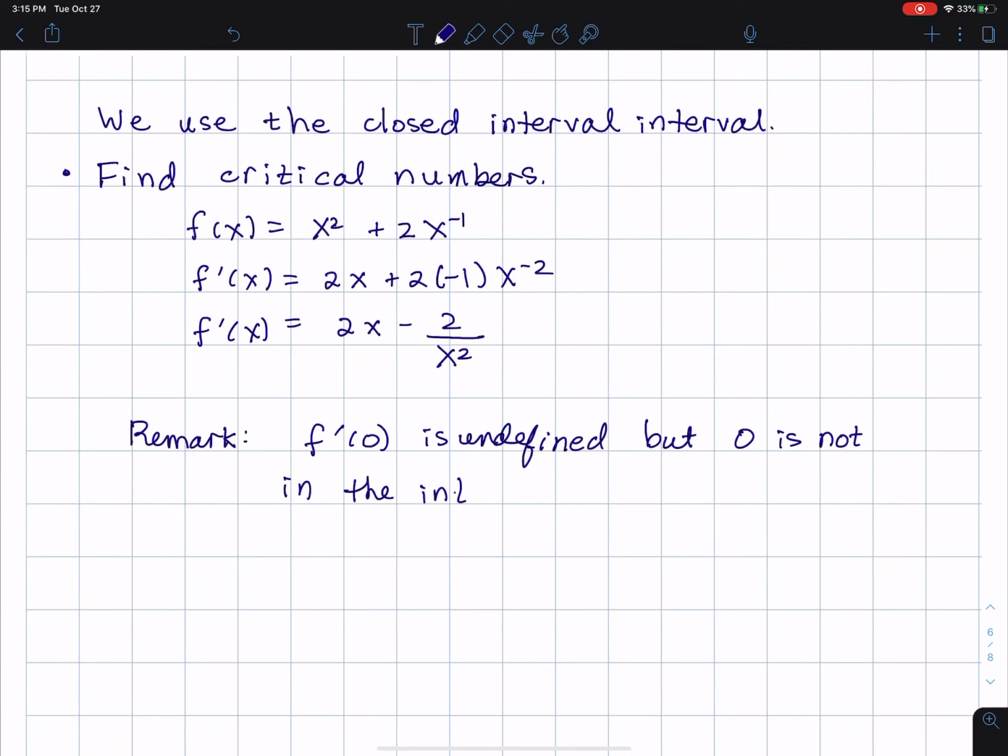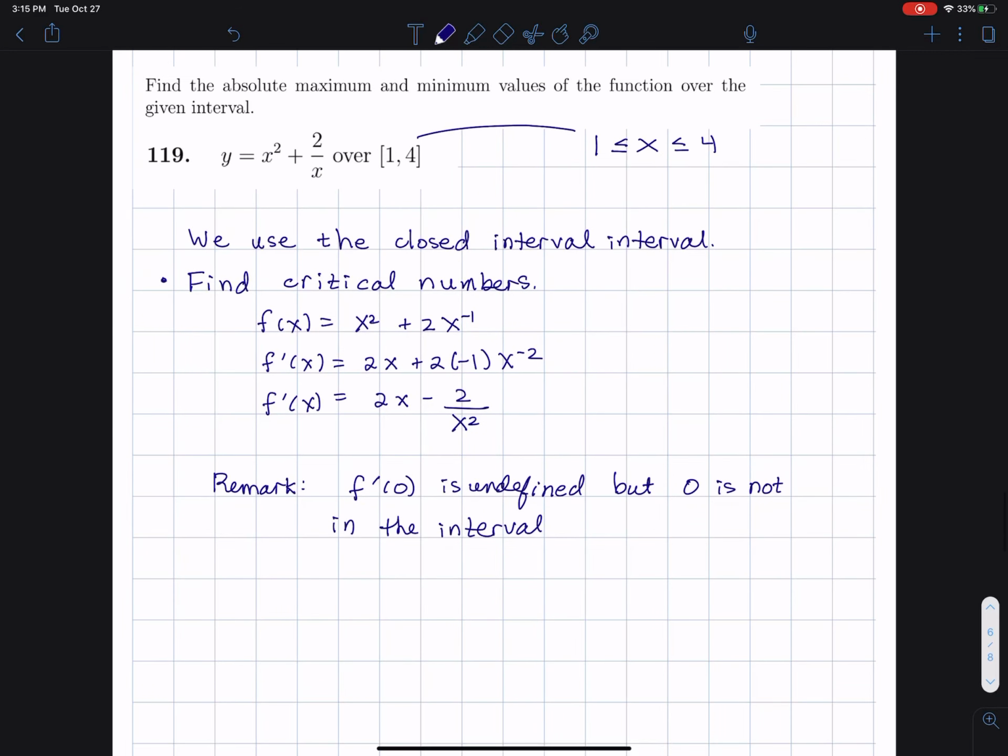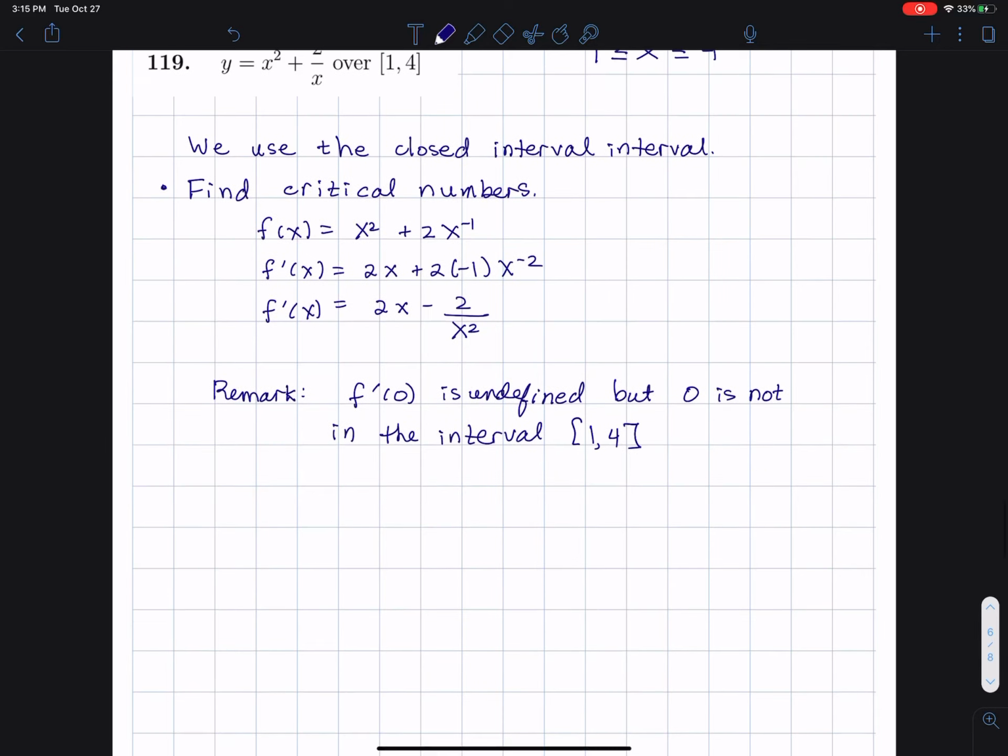It's not in the interval from 1 to 4. I mean, in fact, the domain of this function, regardless of the interval, would be all real numbers except x equals 0. So anyway, 0 is not a critical number.